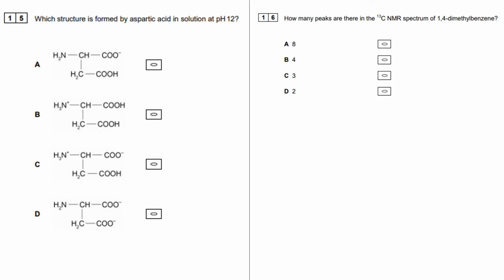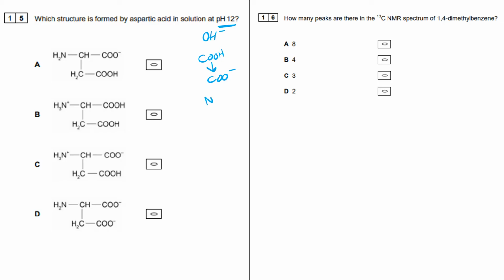Question number 15. Which structure is formed by aspartic acid in a solution at pH 12? So when you were learning about amino acids, in an alkaline environment, the COOH groups are going to become COO minus.